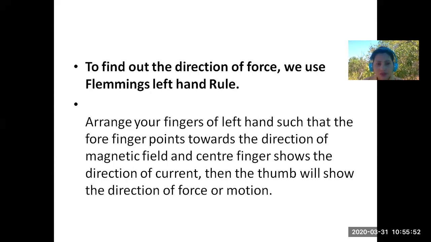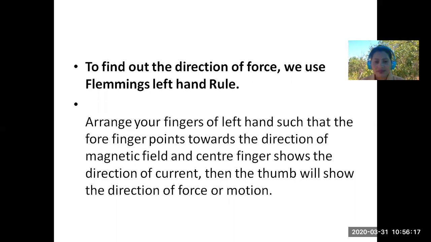So how to apply Fleming's left-hand rule? I have told you last time, and I have asked you to practice also. Take your left hand and arrange the fingers perpendicular to each other. All three fingers should be perpendicular to each other. Then I told you the father, mother, child formula.